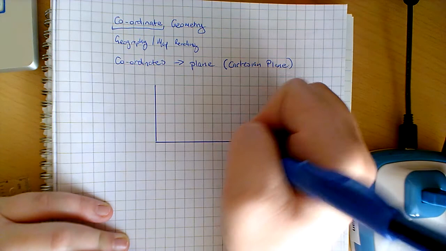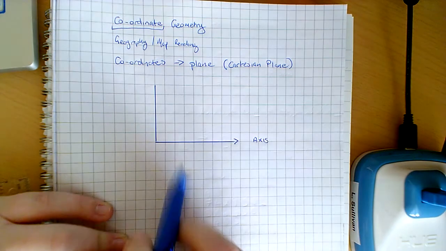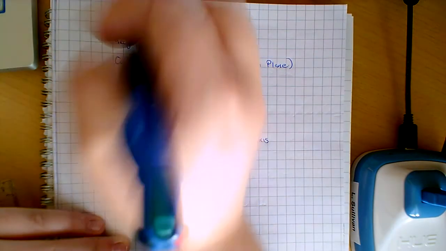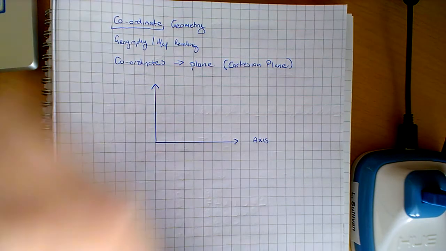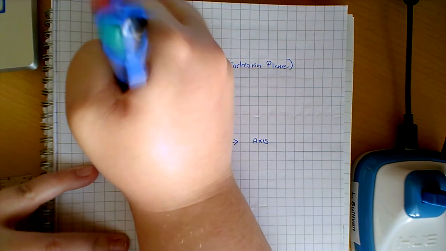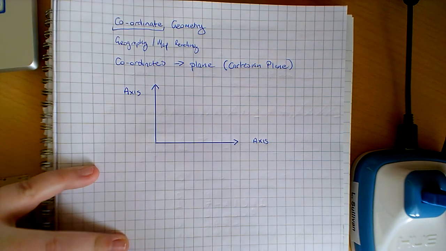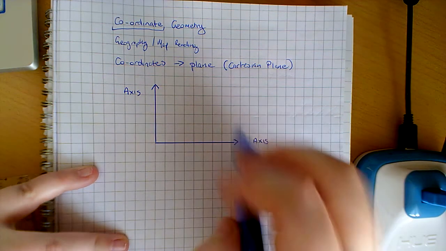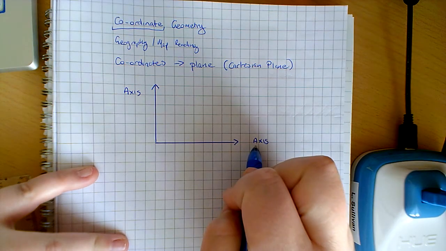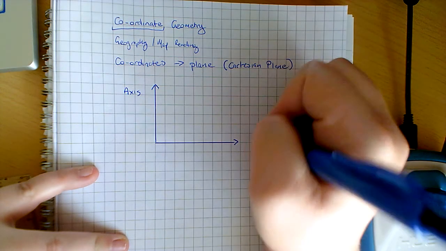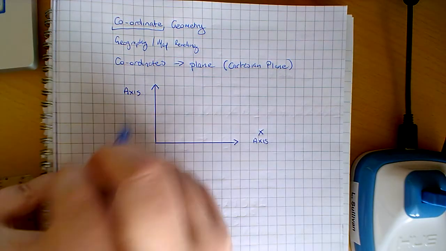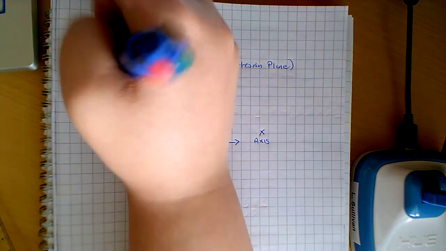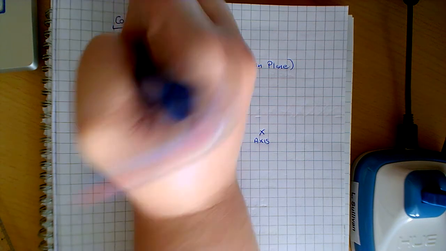Okay, so we have an axis going across the bottom, and we have an axis going up and down. The axis on the bottom is our x-axis, and the axis along the side is our y-axis.